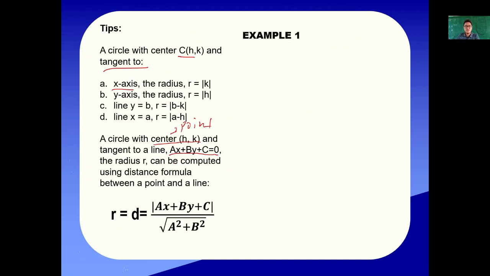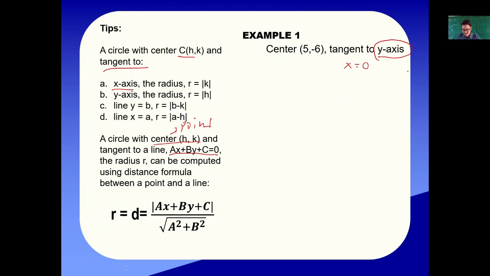Now, let's try to solve some examples. Example number 1. The center 5, negative 6, tangent to y-axis. Now, if nakatangent yan sa y-axis, yung x natin is equal to 0.